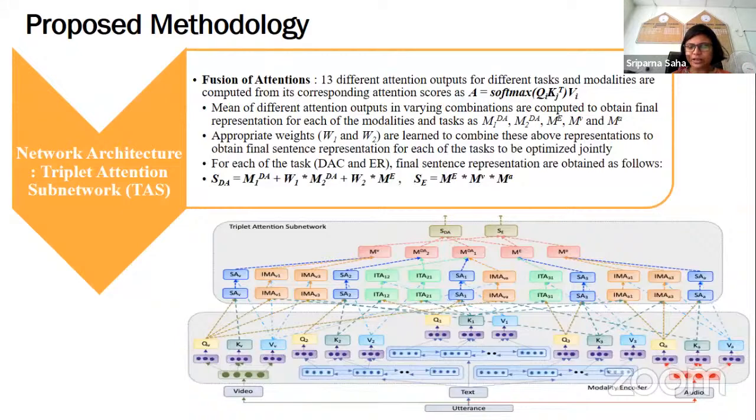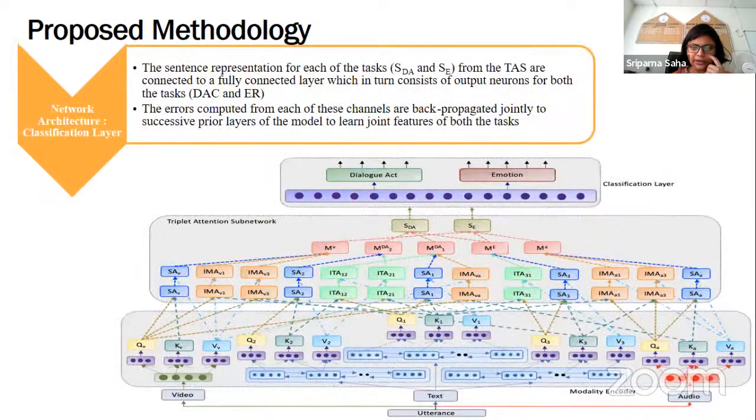That gives us a single feature vector for the dialogue act and one single feature vector for emotion recognition. Finally there is a classification layer with two separate paths. One path is for dialogue act classification, another for emotion recognition. In dialogue act classification, as I mentioned, there are 12 tags, and for emotion we have 7 tags.